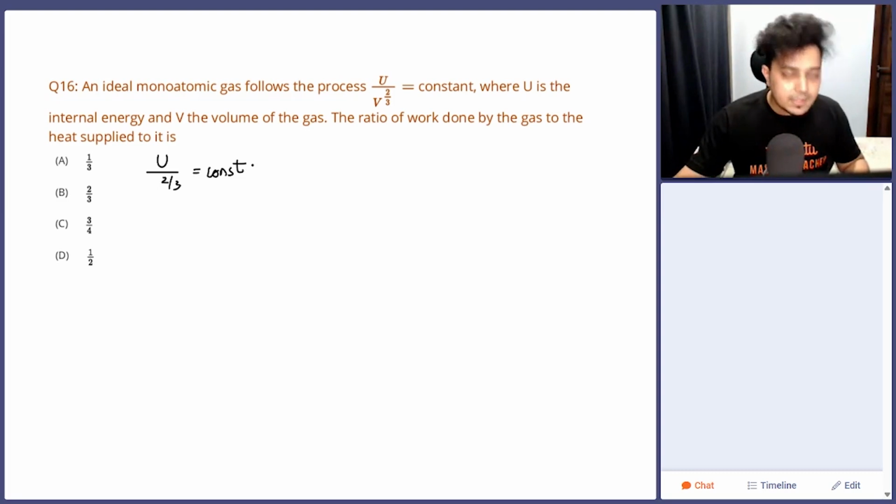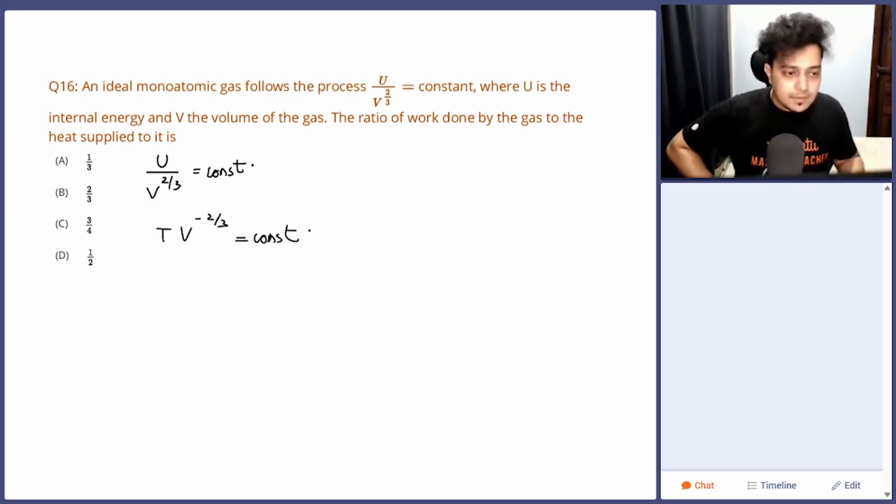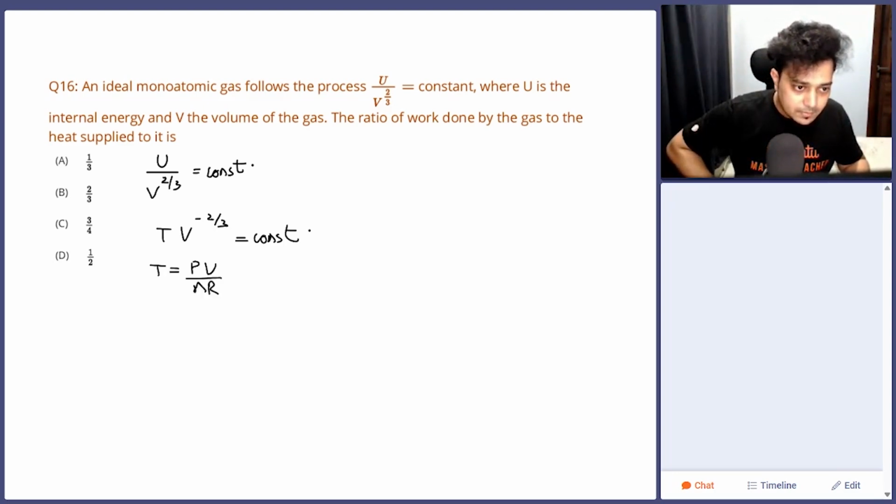U is internal energy, V is volume, and internal energy is a function of temperature. So we can write T into V raised to minus 2 by 3 is equal to constant. Then, using the ideal gas equation, temperature can be written as PV upon nR. So let's do that.